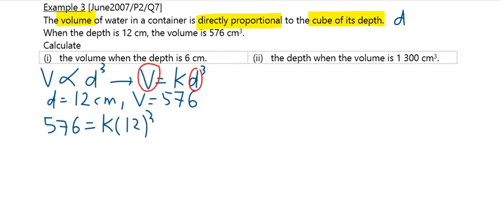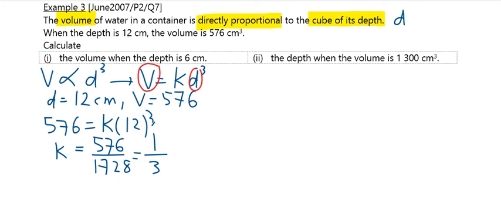And here I will just use a shortcut to find k. So k equals 576 divided by 1728. When you check your calculator, don't forget that in this paper too, you can use the calculator to find this. So this simplified will become 1/3.